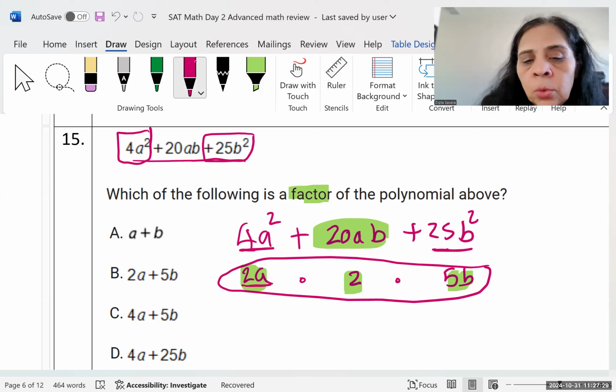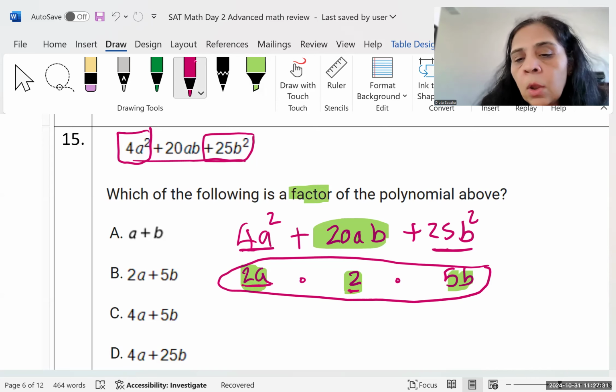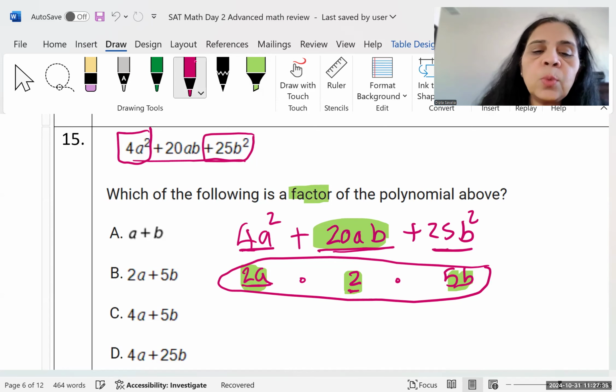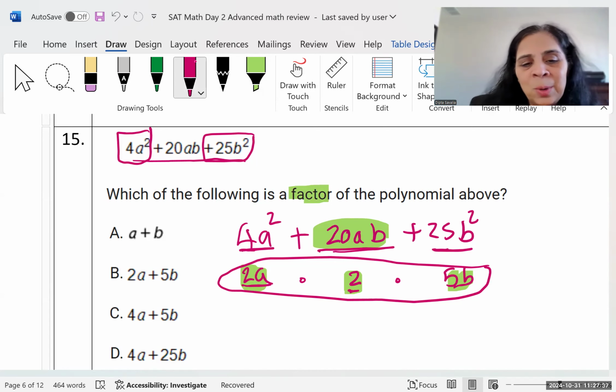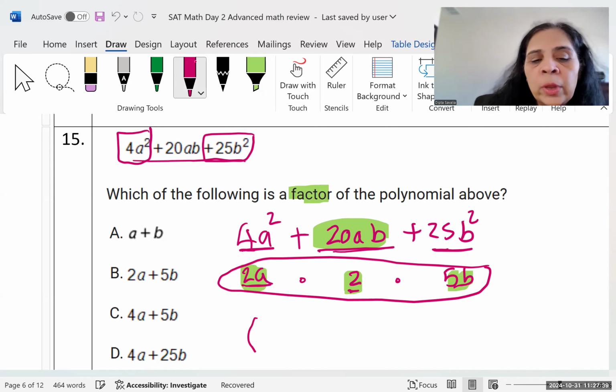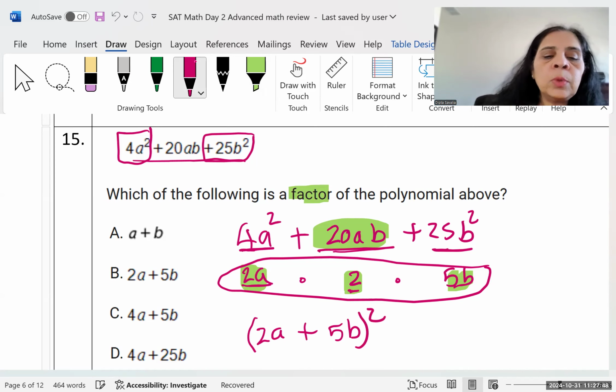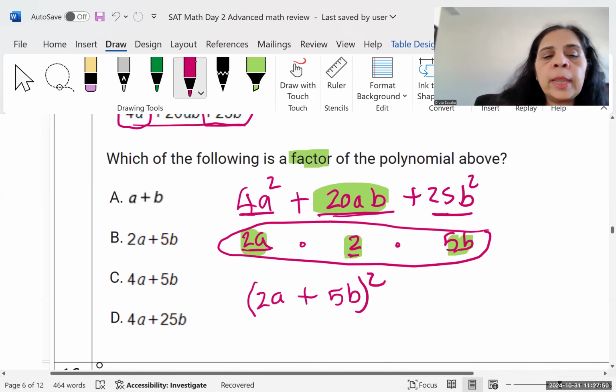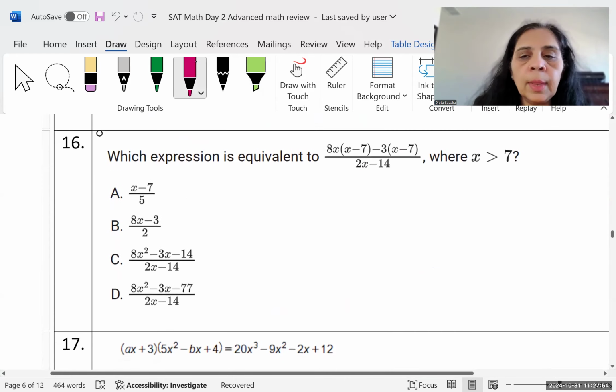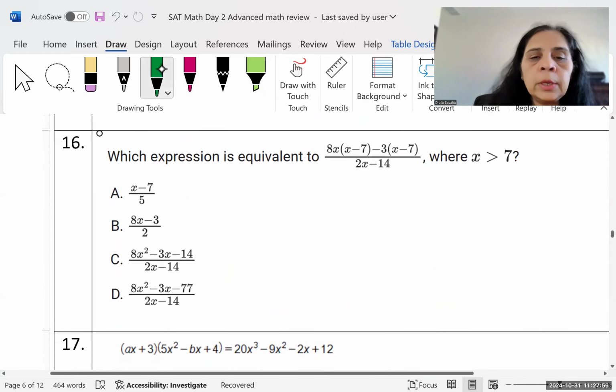So 2a times 2 is 4a. 4a times 5b is 20ab. So yes, we have the square of a binomial. The square root of 4a squared is 2a, then the middle term sign, and the square root of 25b squared is 5b. So what we can see here is that 2a plus 5b is a factor. All right, let's see the next one.